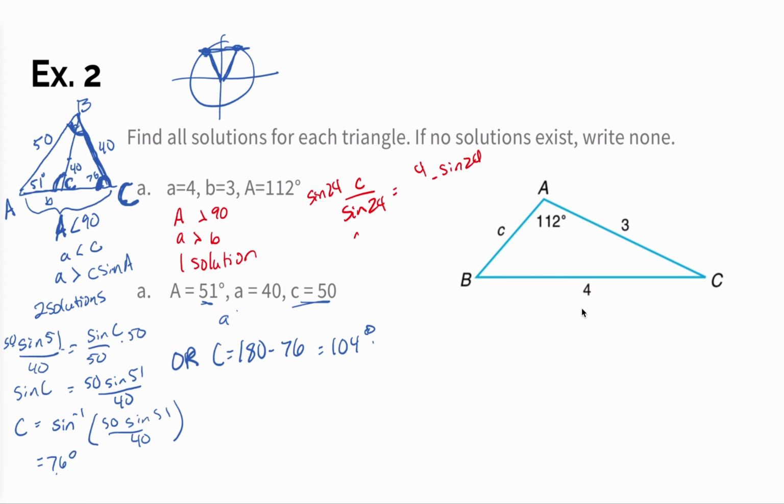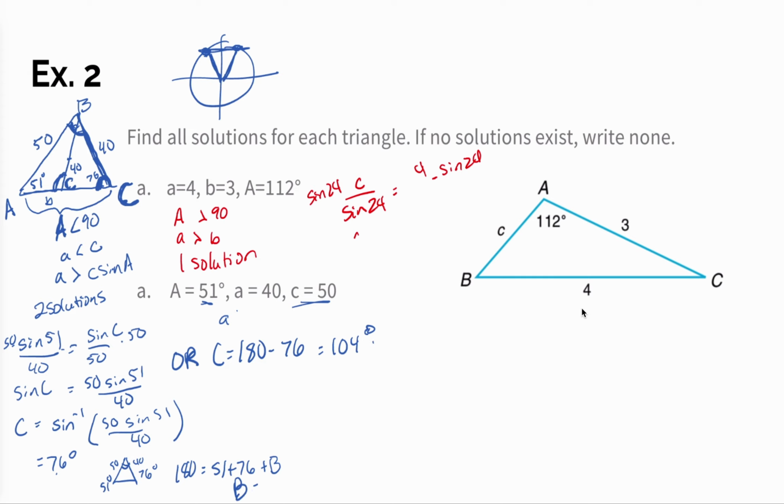And we're going to now continue to use the law of sines and solve these two triangles separately. So in the case where C is 76 degrees, this is 76 degrees, this is 51 degrees, this side is 40, this side is 50. We now know what angle B is. 180 equals 51 plus 76 plus angle B, which is going to be 53 degrees.